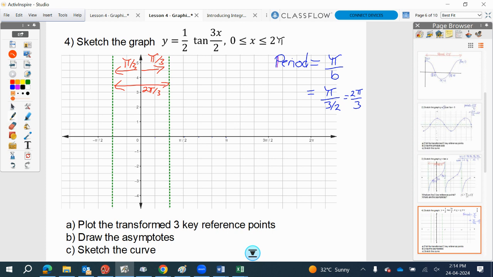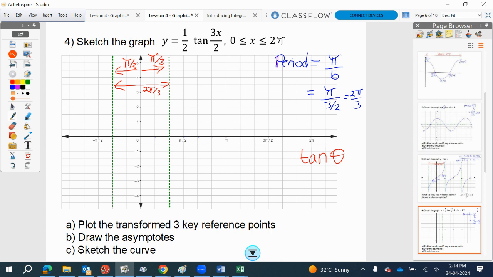Another technique that you can do is, we need the function tan theta to have theta be pi over 2. Sorry, no, we need theta to be pi over 2. That will create the non-defined part.